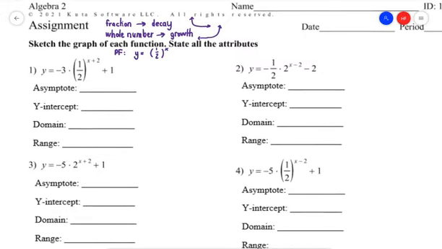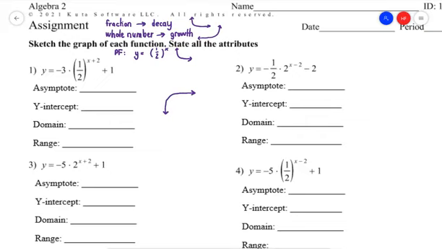So I have this 1/2 to the x and so on. My parent function is decaying, so it looks like this. My new function with the transformations on it is flipped because of this negative here. So flipping that over the x-axis, my new function will look like this.